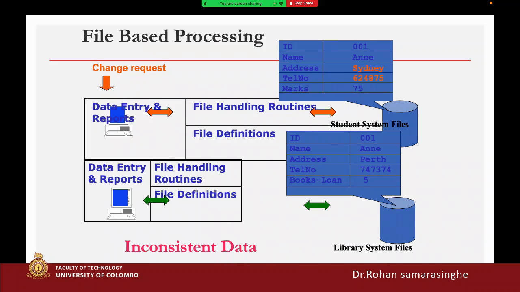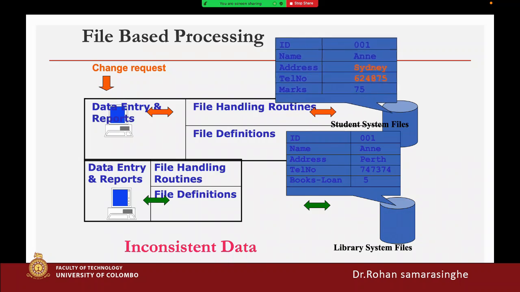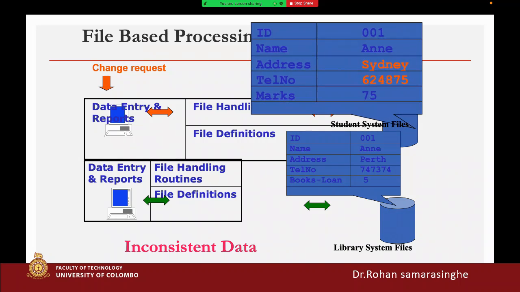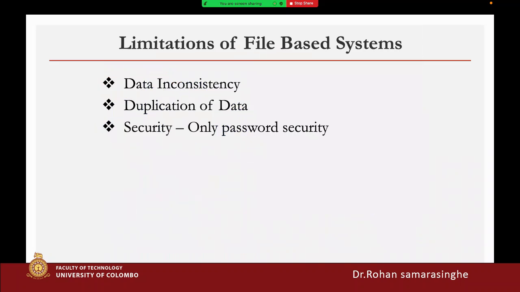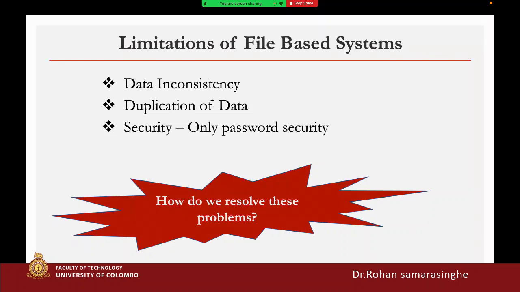So inconsistent data can be found in file-based processing, but this will not happen in the relational model. Limitations of file-based systems are data inconsistency, duplication of the data, and security also. Only password security can be found. And how do we resolve this problem?